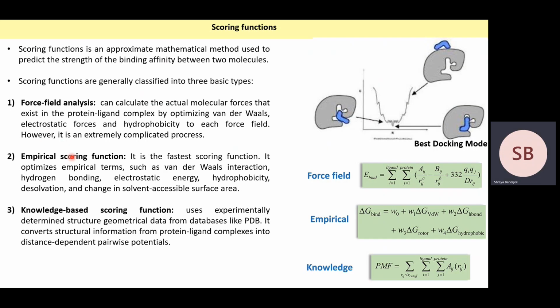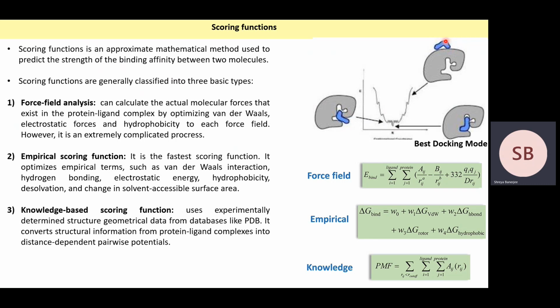Now we will be talking about scoring functions. Scoring functions is an approximate mathematical method used to predict the strength of the binding affinity between two molecules. Suppose you have two molecules, and scoring functions will give you the best binding affinity between these two molecules.